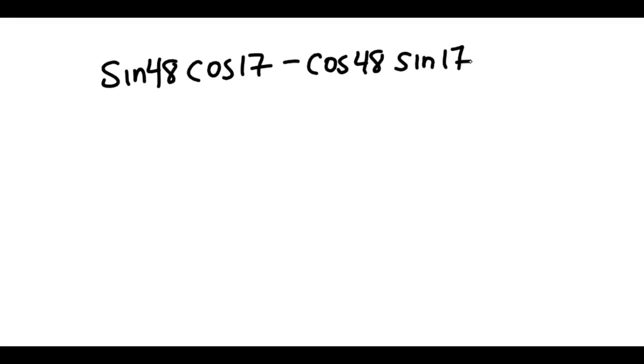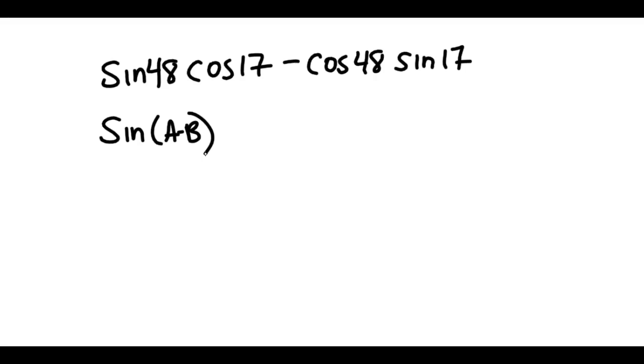So look at your sum identity ones. Does this look like any of the ones that we wrote out with the A's and the B's? Like the sine one? Okay, so it looks like sine A minus B. Because if you follow that one, sine A minus B goes sine A cos B minus cos A sine B. So that seems to follow the pattern.